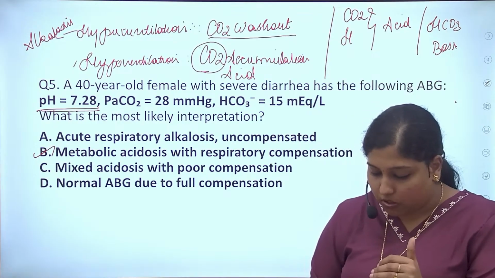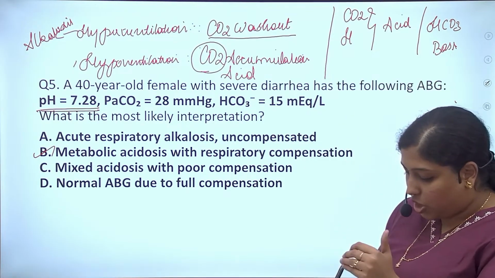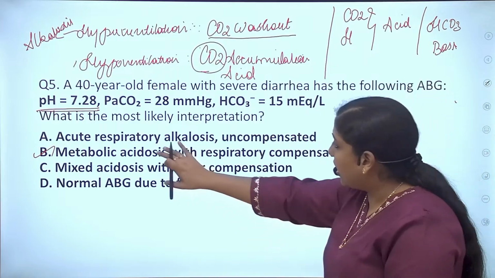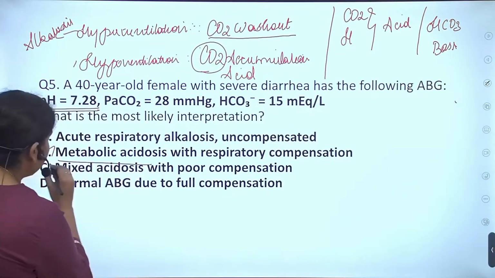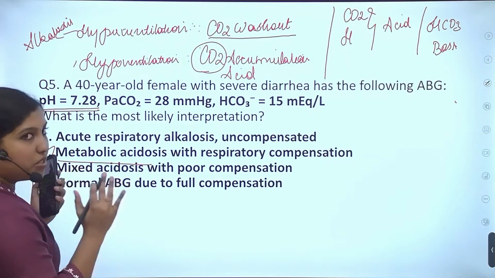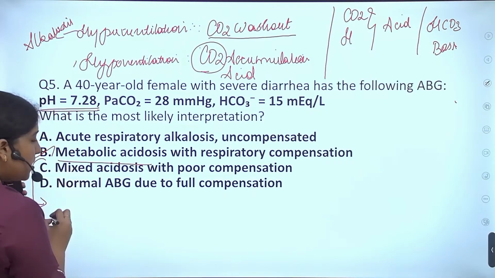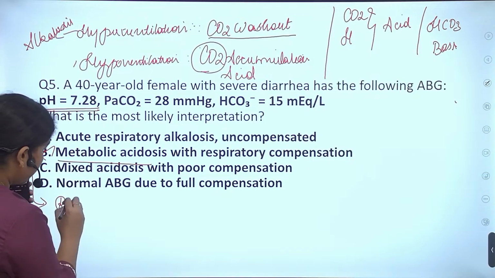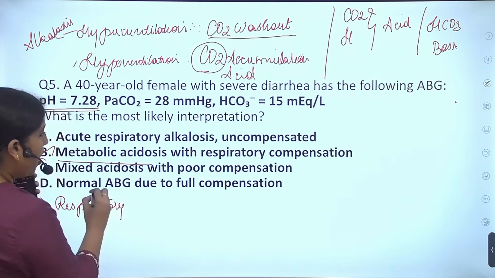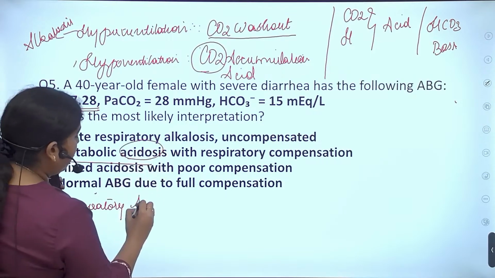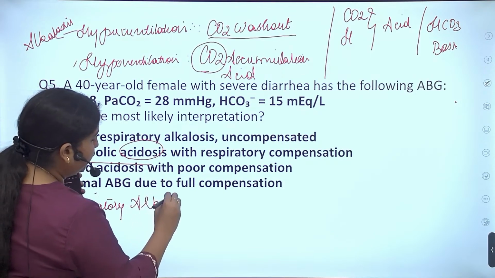Now it is clear, dear Anishwa and Priyanshu. And again, I'll come back to the question. As I said, in metabolic acidosis, the compensatory mechanism is respiratory. If it is acidosis, then you have to write alkalosis, right?